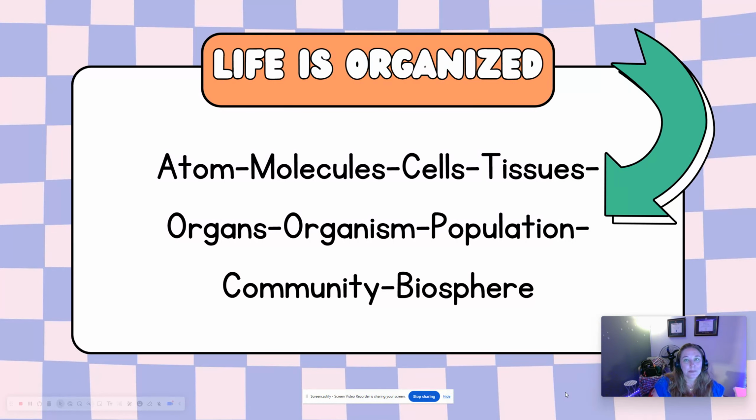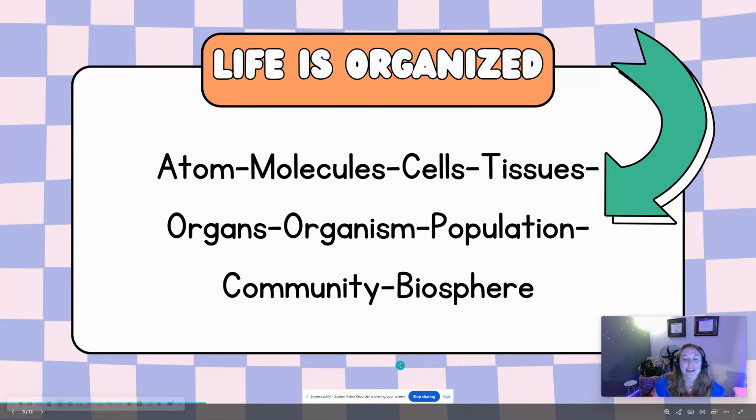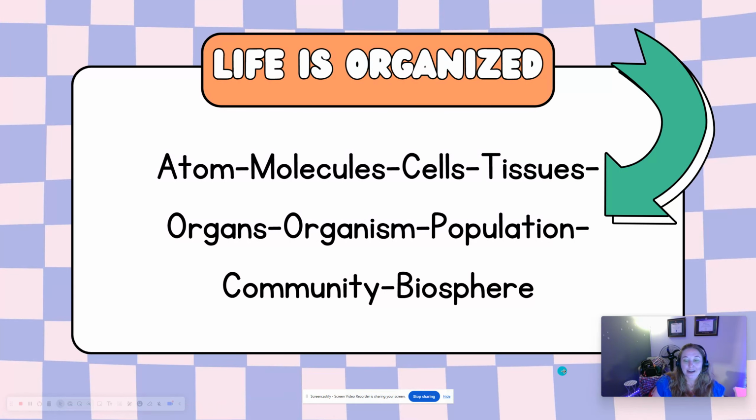And if they are in a place at a time, we call it a population. If that population is interacting with other populations, we call it a community. If we get a bunch of communities together, we can have an ecosystem, and a bunch of ecosystems together, we call that the biosphere, or our whole planet where living things can exist.